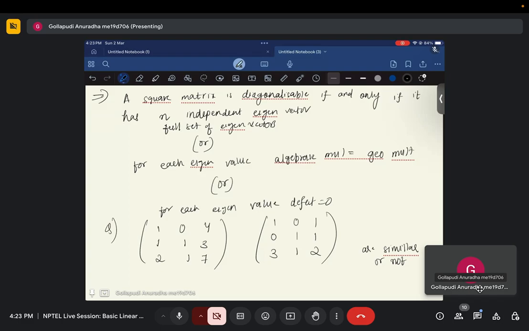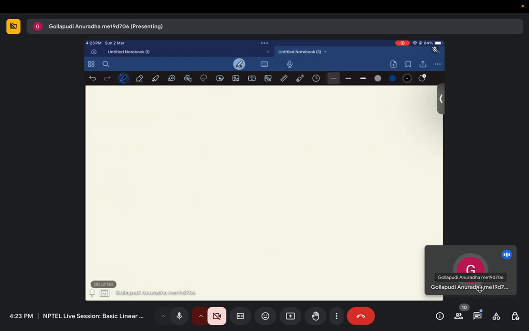Not similar. Okay, so how do you say that?